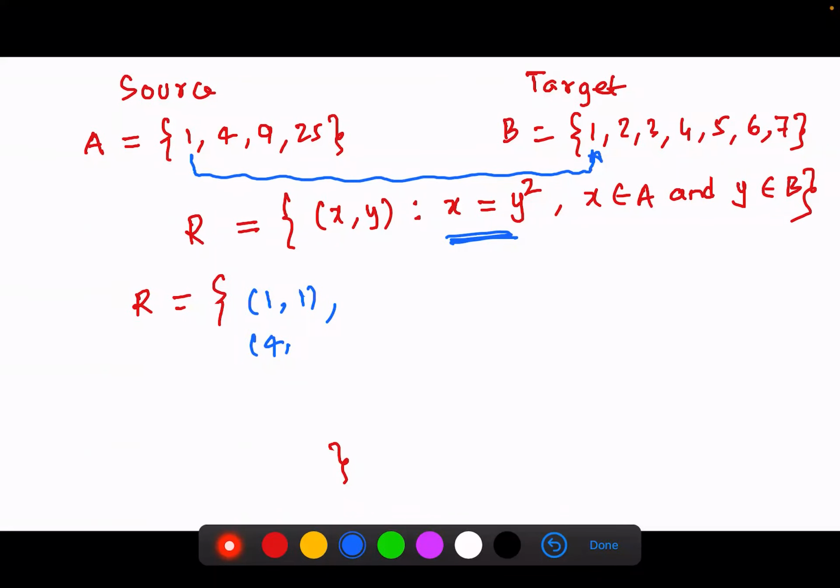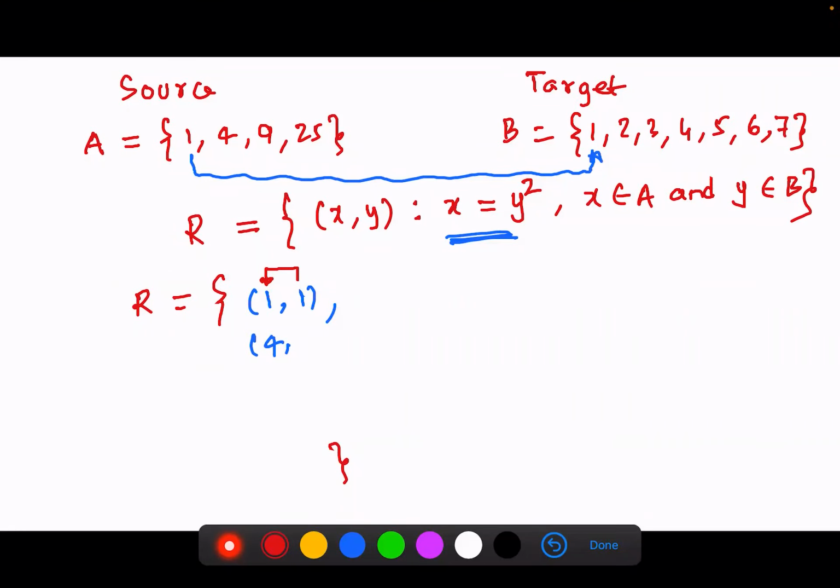Harsha, what is it connected with? It is connected with none, sir, because there is no 16. No, Harsha, y square is x. I am squaring y value to get x value.